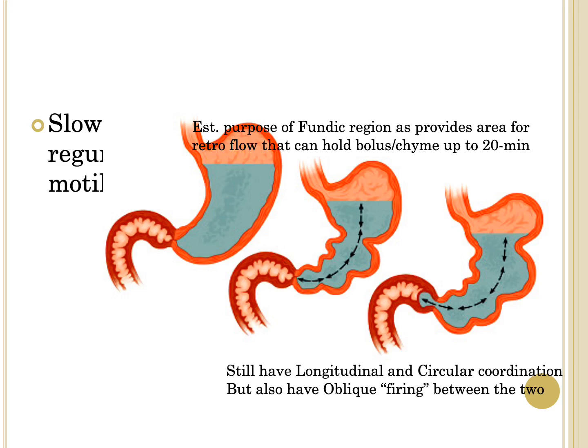As material starts to be digested down, its density starts to change relative to the surrounding materials, and it slowly starts getting propelled towards the pyloric region of the stomach and then eventually out through the pyloric canal and the pyloric sphincter.